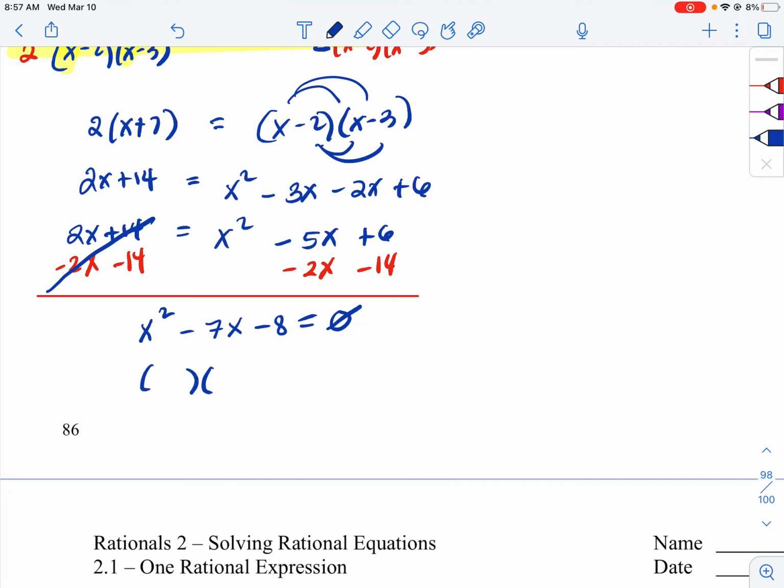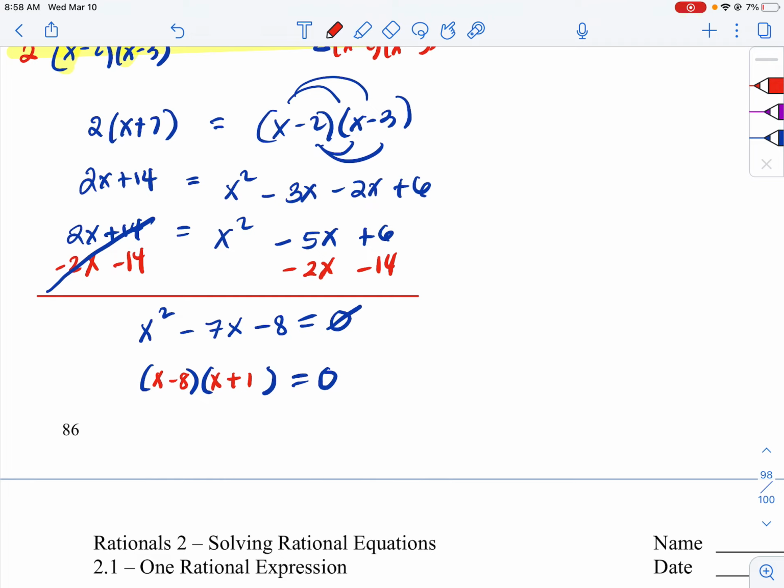So we're looking for two numbers that when we multiply, we'll get negative 8, and when we add, we'll get negative 7. I think that's really, really easy, right? So that's minus 8 and plus 1.